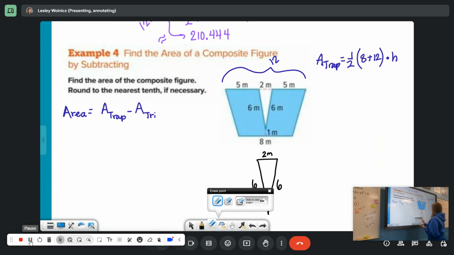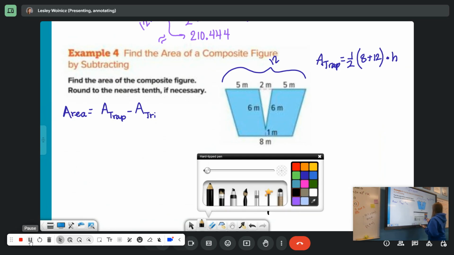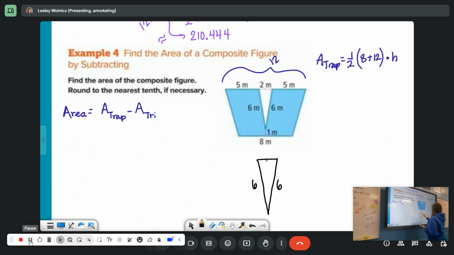If I were to make a right triangle, this would be 1 and 1 for a total of 2, right?